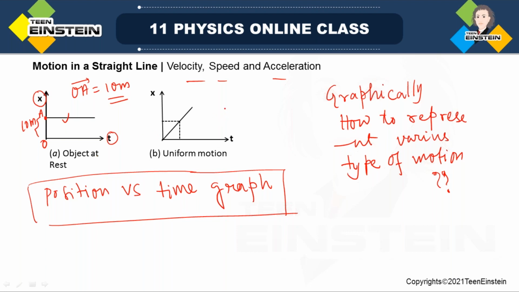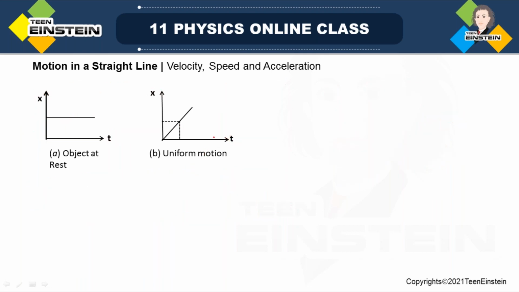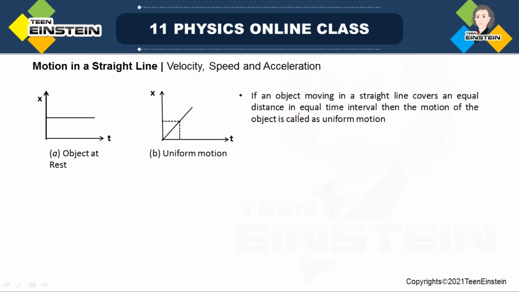Okay, now see this graph, this is also a position time curve. This is representing uniform motion. So what is uniform motion? Uniform motion is defined as the motion of any object in a straight line, if the object is covering equal distance in equal time interval.